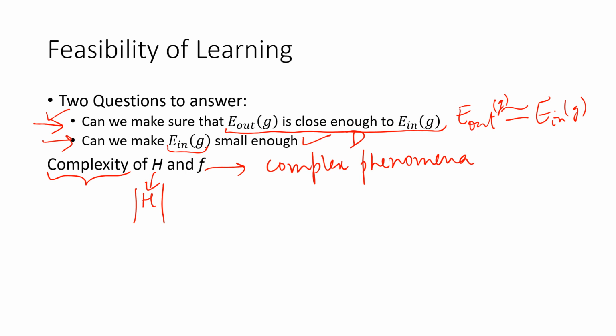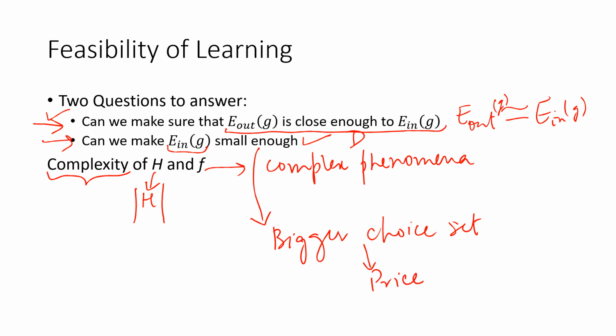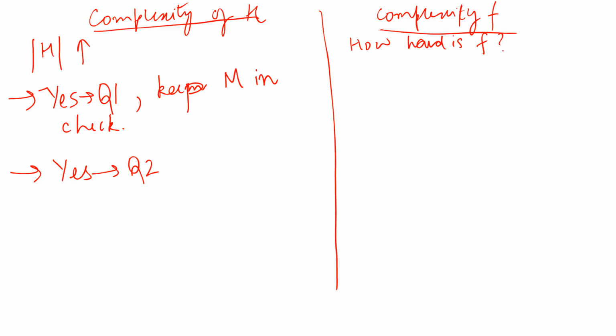I have a bigger choice set, and so I have the flexibility to choose, but then it comes with a price. The price we pay is that the complexity of h goes up.